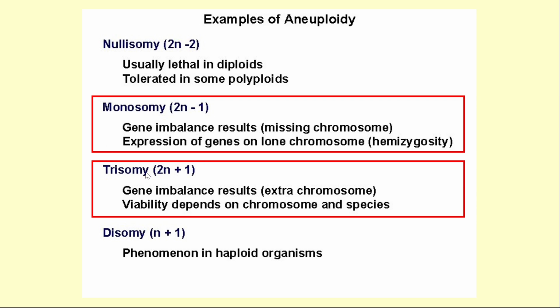Trisomy is 2n plus 1, so tri pertaining to 3 copies of that particular chromosome. So you have the two homologous chromosomes plus another one leading to trisomy, and this is again because of gene imbalance. You have only a certain amount that is normal, but because of the addition of the chromosome, you have extra proteins leading to abnormality.